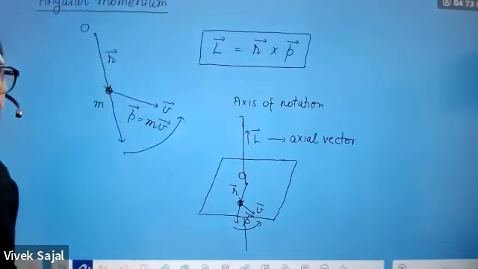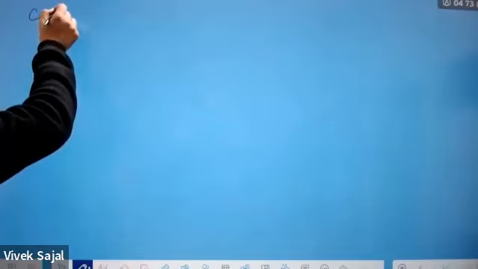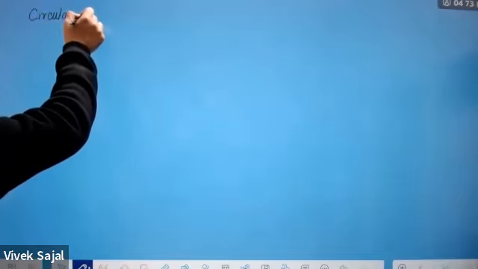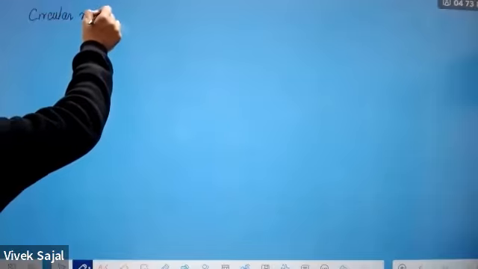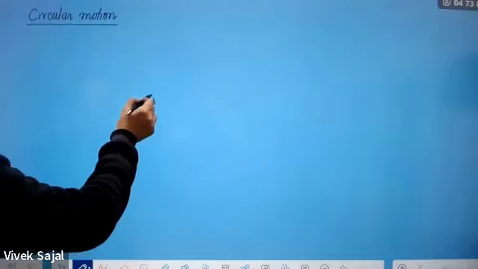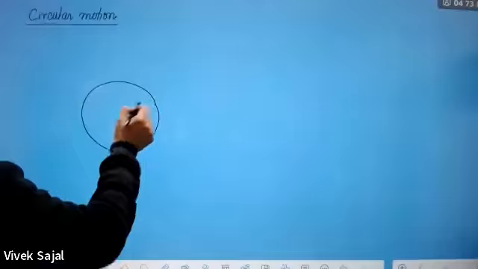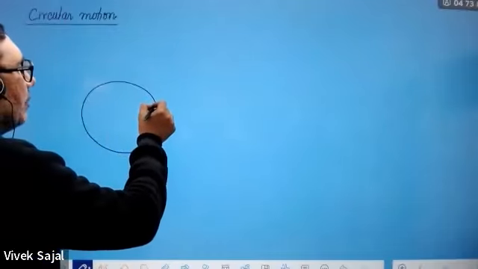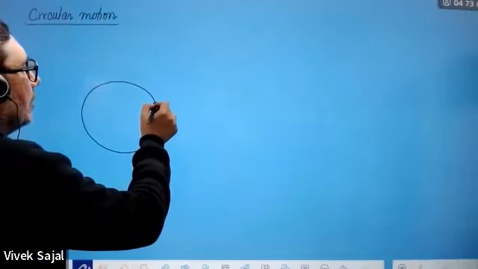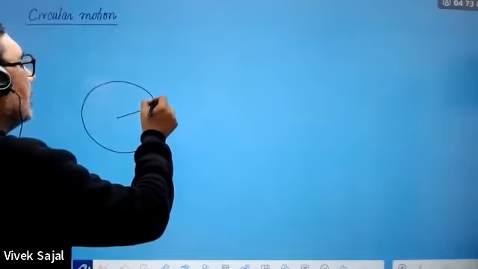Now, if you look at circular motion, in the case of circular motion, some particle is moving on the circumference of a circle like this, and this is the particle whose mass is m, and its velocity will be in the tangent direction.